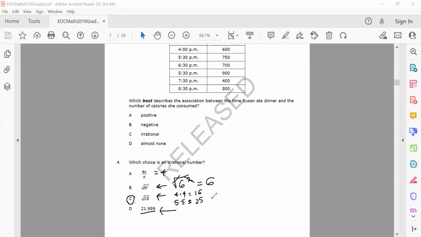If you put that into your calculator, you will find out that the square root of 18 is an irrational number. But since this is a calculator inactive section, we go ahead and rule out answer choices A, B, and D, and we're left with C.